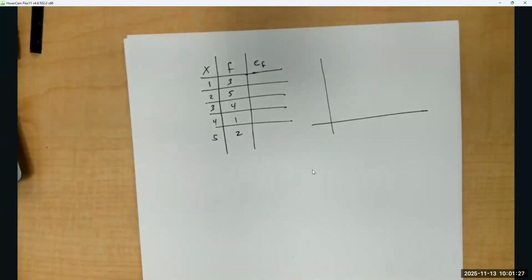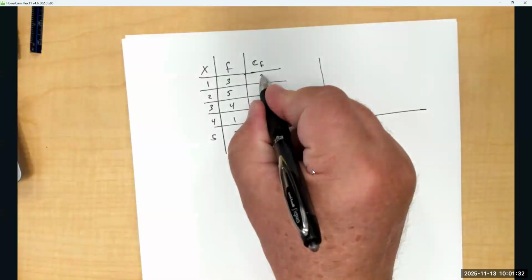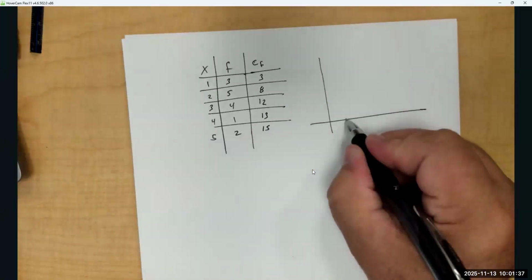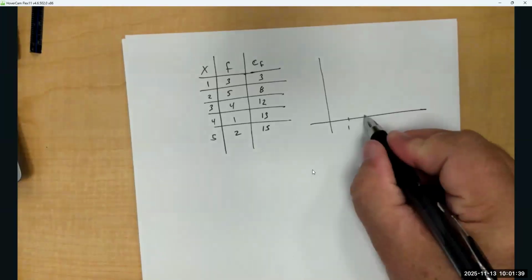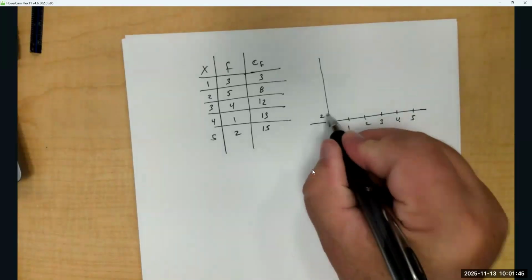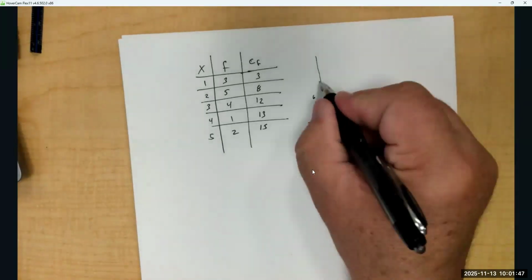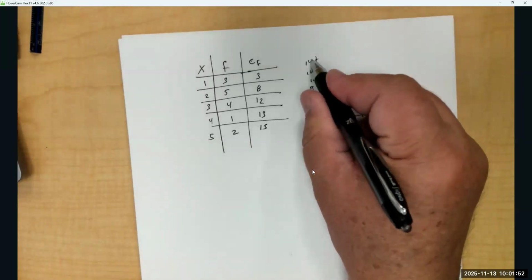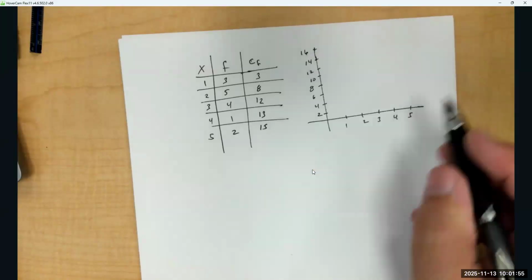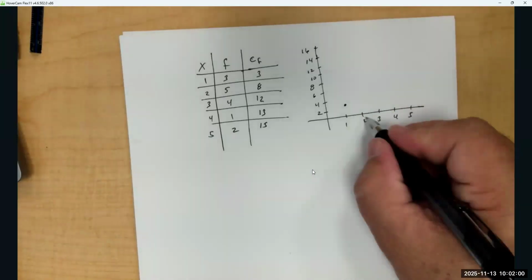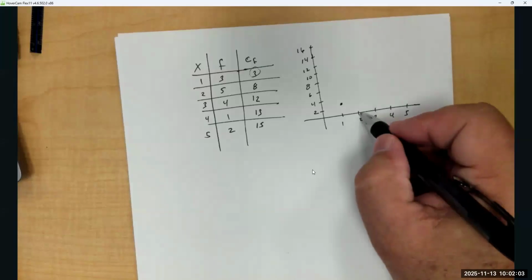An ogive looks at the cumulative effect of your data. Two, 4, 6, 8, 10, 14, 16. So at 1, we have a 3. Then we go to 8.